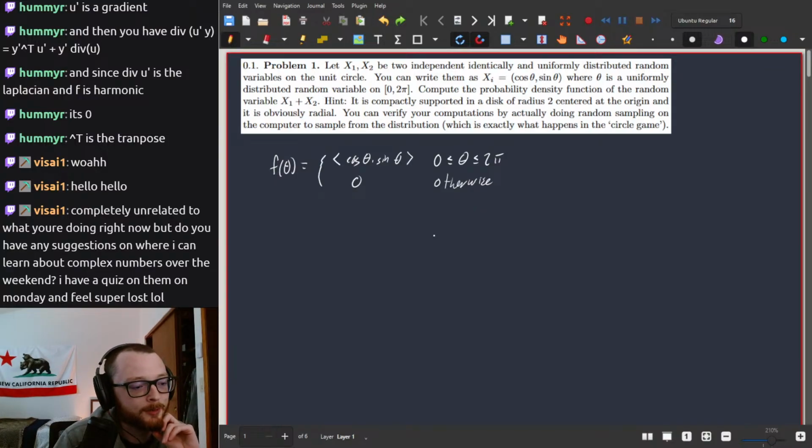Complex numbers over the weekend. What's your context? Are you like a high school student, university student? Like, what kind of class are you in?